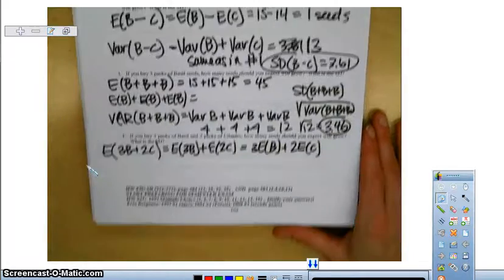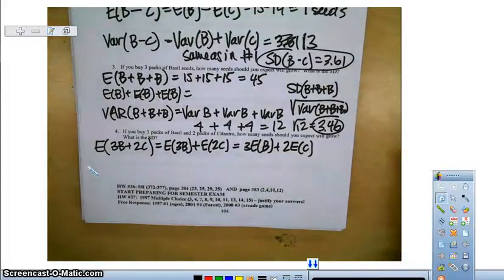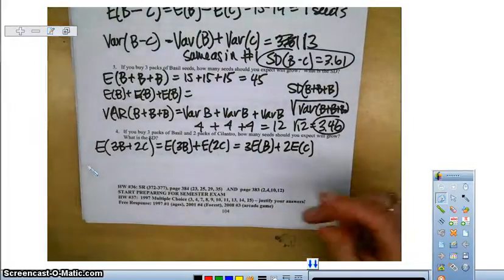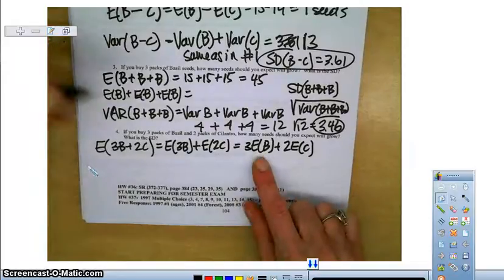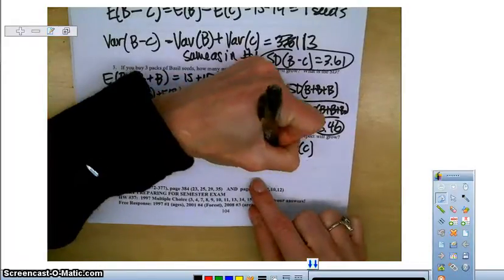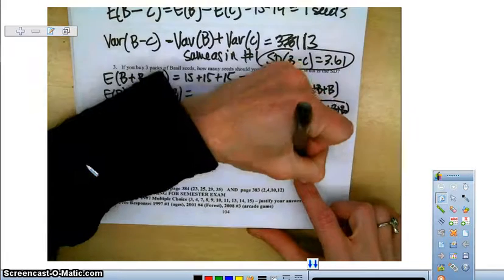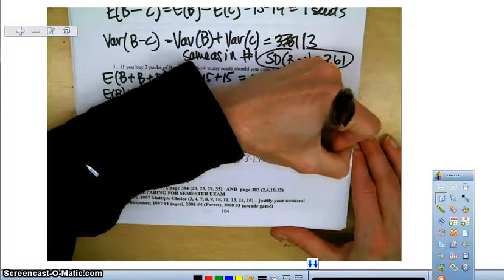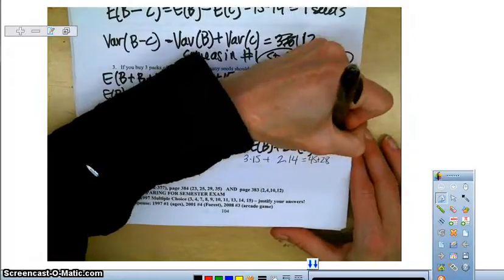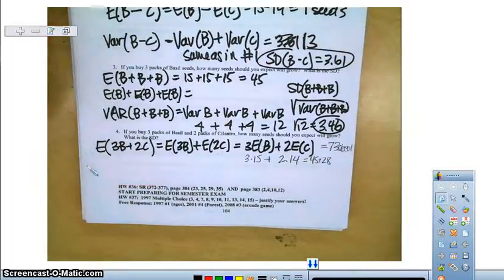So what is the expected value of b? 15 times 3. And the expected value of cilantro? 14 times 2. So 45 plus 28 is 73 seeds you would expect to grow if you bought 3 packs of basil and 2 packs of cilantro.